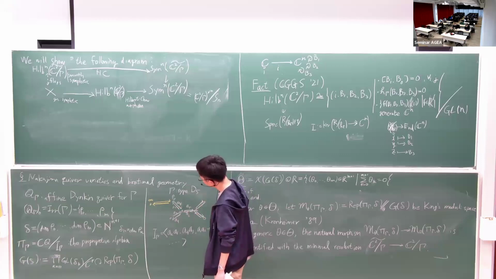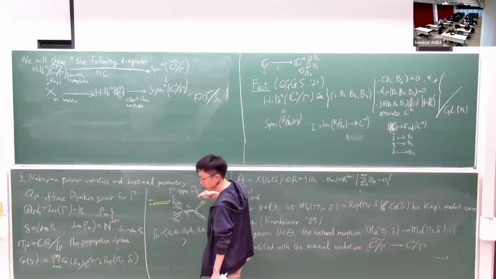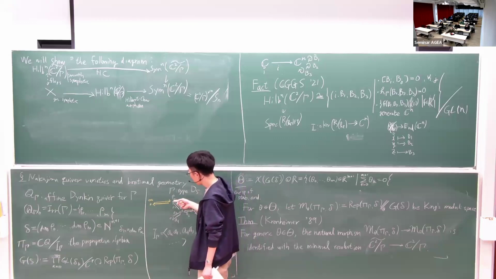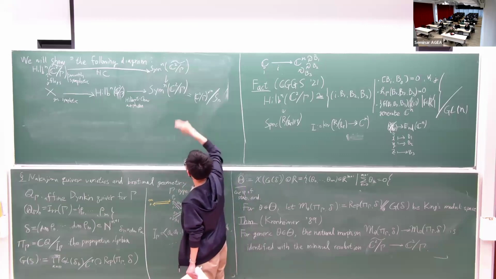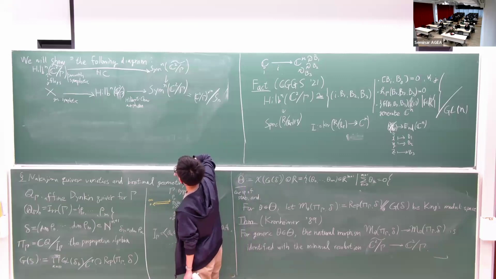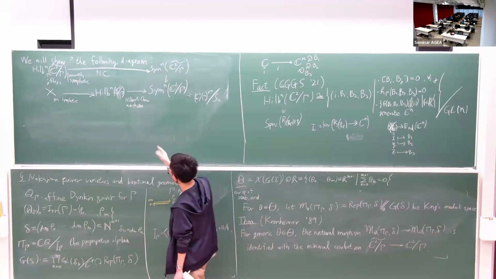So in some sense, these vertices correspond to exceptional curves of the minimal resolution of C^2 / Gamma, and this vertex corresponds to the exceptional divisor for the Hilbert-Chow morphism.